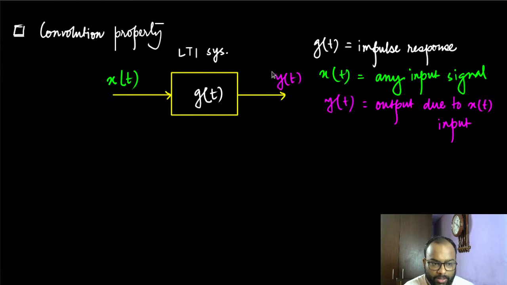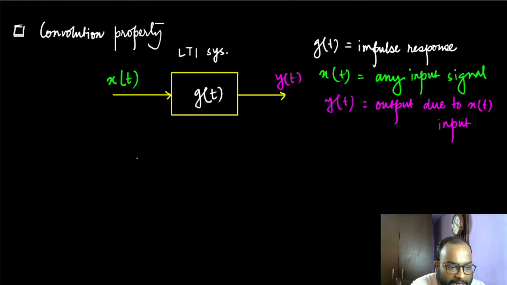So if I have a system whose impulse response is g(t) and we excite the system with an input x(t), the output will be y(t). In the reverse case, if we have a system whose impulse response is x(t) and we excite the system with an input signal g(t), we are going to get the same output, because the convolution operation is commutative in nature.